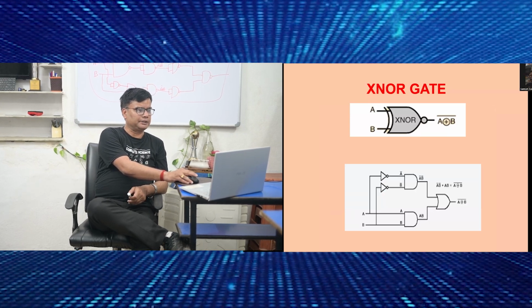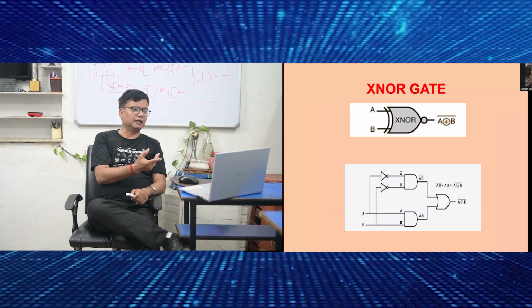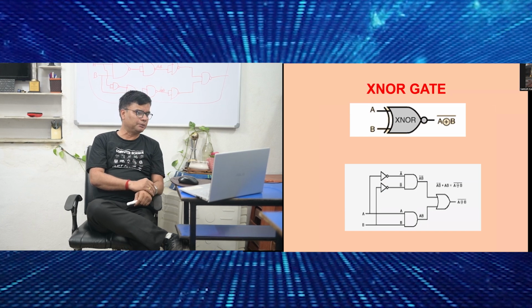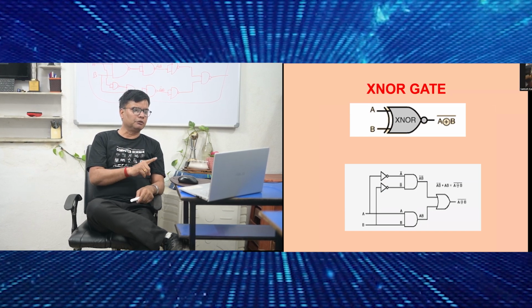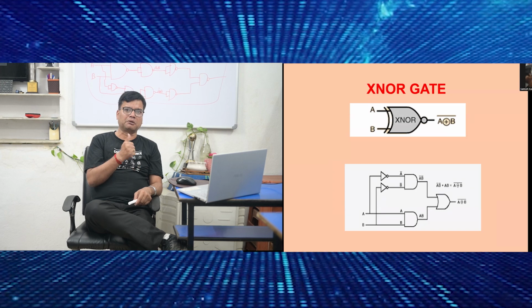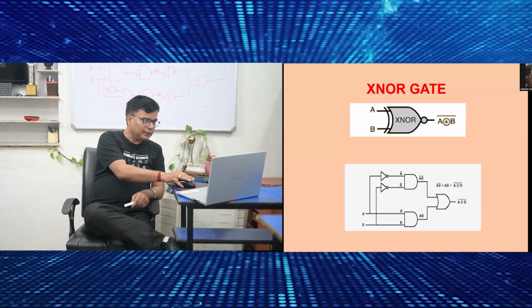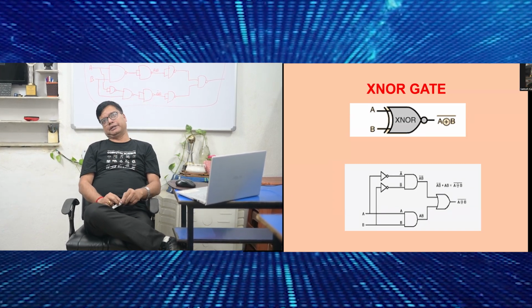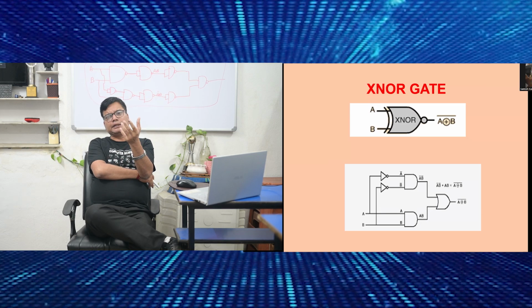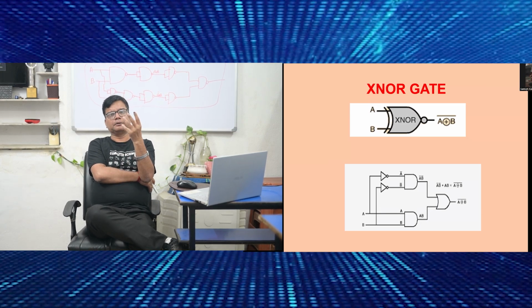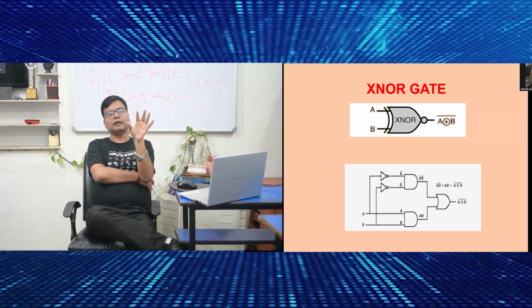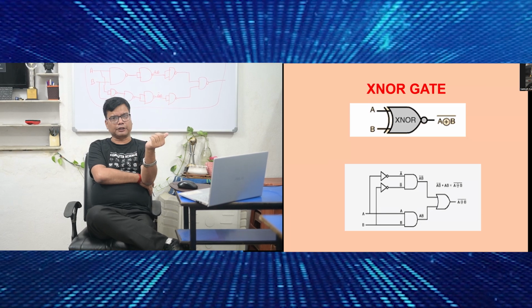What is an XNOR gate? You can just see here once again the output of the XOR gate, the truth table. 0 0 it is 0, 0 1 it is 1, 1 0 it is 1, and 1 1 it is 0. Next we talk about the XNOR gate. The XNOR gate is obtained by combining again the AND, OR and the NOT gate.